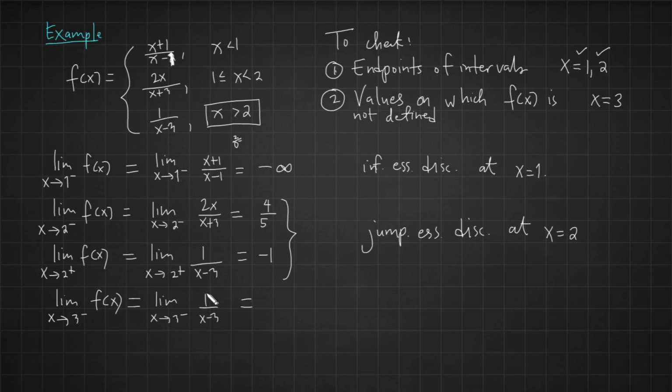Yung limit ng numerator natin ay 1. Yung limit ng denominator natin ay 0. Okay? But it will approach 0 from the left. So therefore, negative infinity yung limit natin. At meron tayong infinite essential discontinuity at x equals 3. Okay, so we're done.